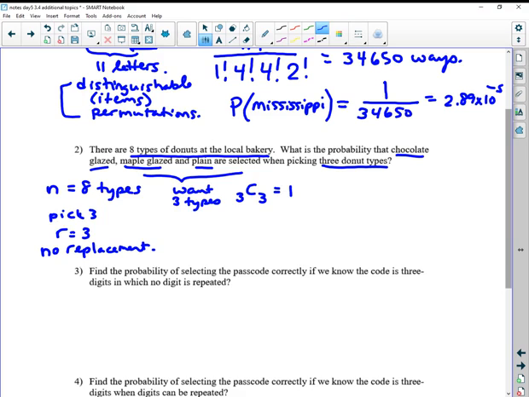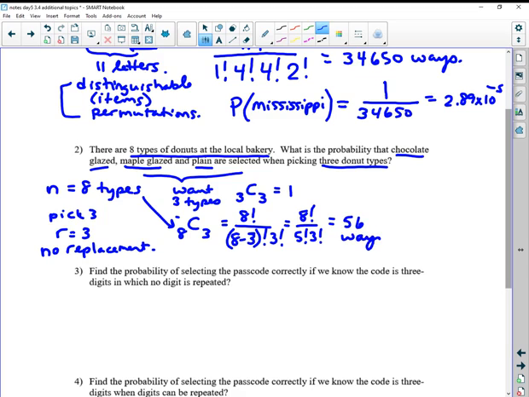But if we have the 8 types that we're picking from, and we're going to take our 3 that we want, and we're looking at the total number of ways, well, then there's 8 factorial over 8 minus 3 factorial, 3 factorial. There's 8 factorial over 5 factorial, 3 factorial. There's 56 ways to do that.